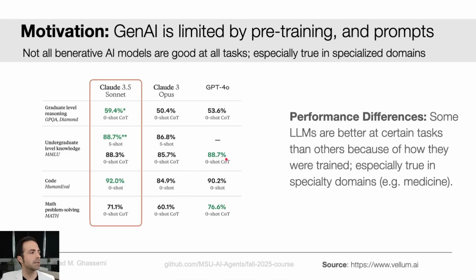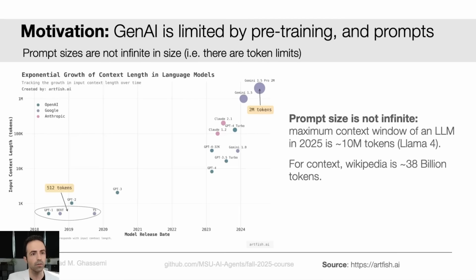But you can see that's not true of undergraduate level knowledge or of math problem solving, where GPT-4o outperformed Claude 3.5. So this is another issue, right? If you're going to be using a generative AI system, there's a meta question of which system you should use for which problem. And that's not always obvious, particularly with the rapid pace that these things are evolving.